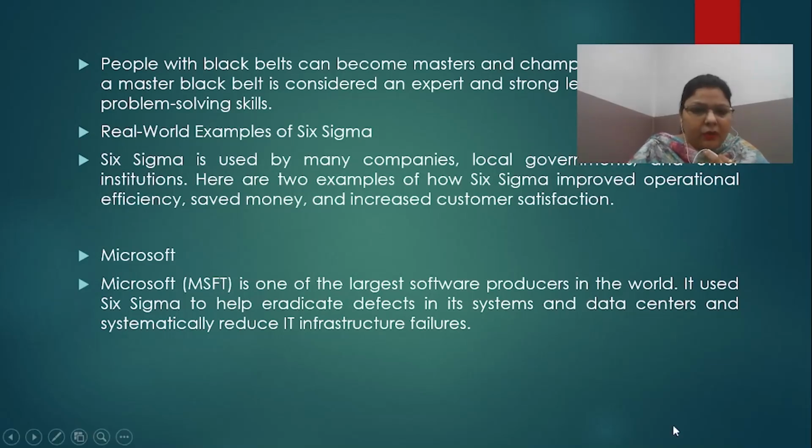Just take an example of Microsoft. Microsoft is one of the largest software producers in the world. It used Six Sigma to help eradicate defects in its system and data centers and systematically reduce IT infrastructure failure.